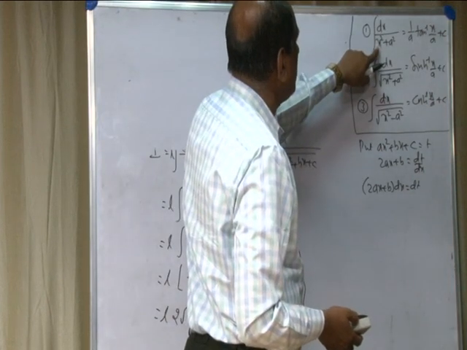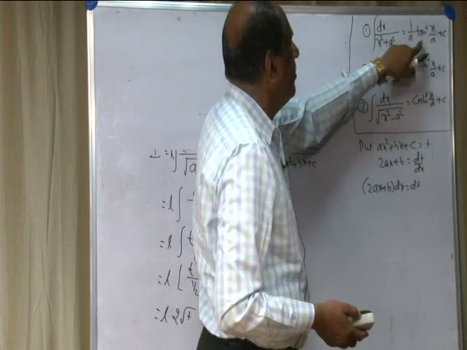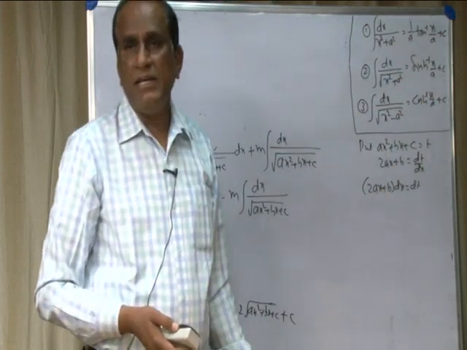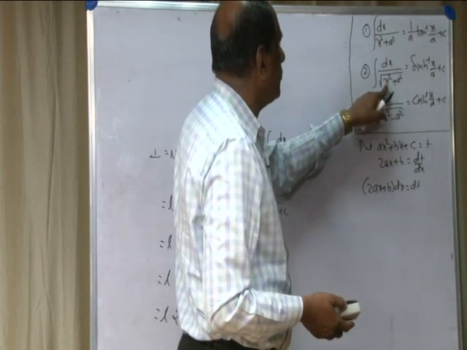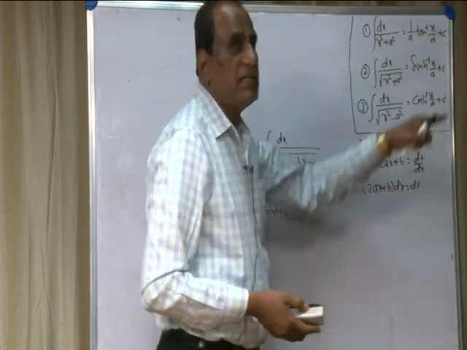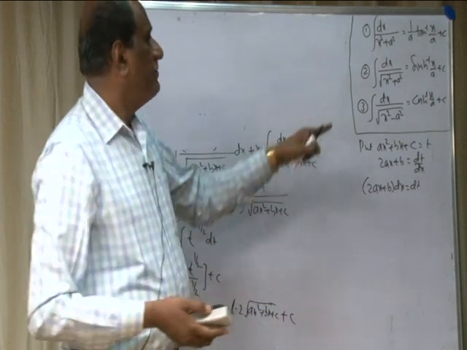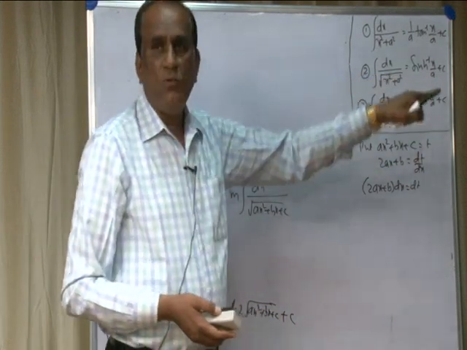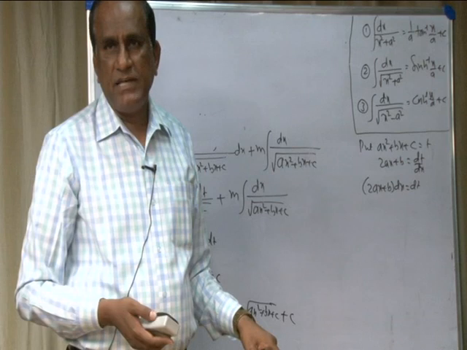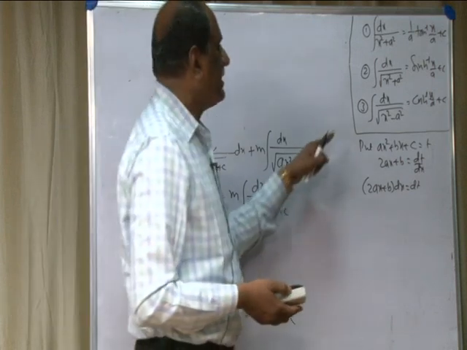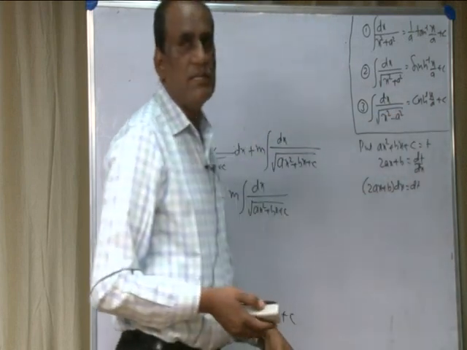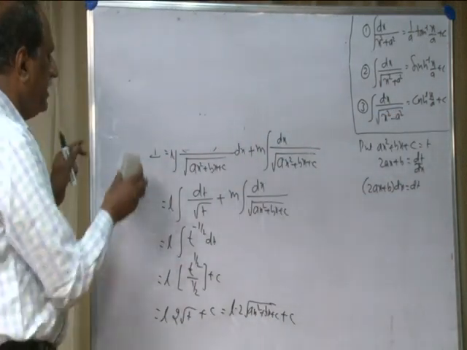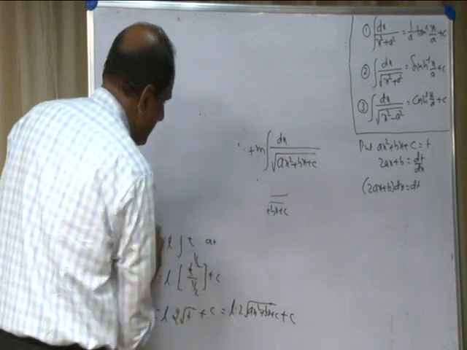Integration of dx by x square plus a square is equal to 1 by a tan inverse x by a plus c. Second form, integration of dx by root of x square plus a square is sin h inverse x by a. This proof is not required, only the statement is enough. In the third case also, dx by root of x square minus a square is equal to cos h inverse x by a plus c. C is the constant of integration.